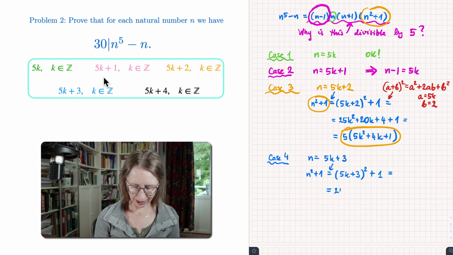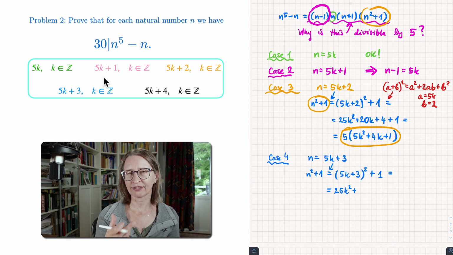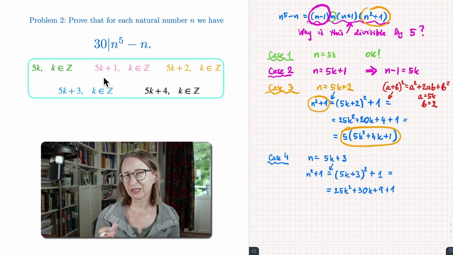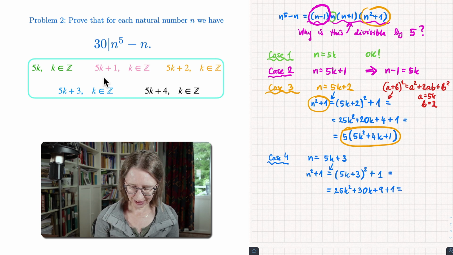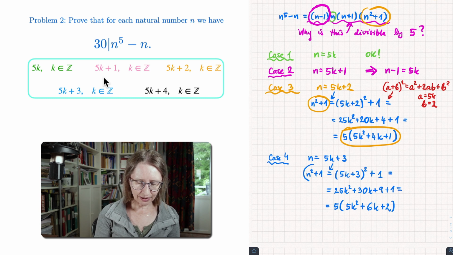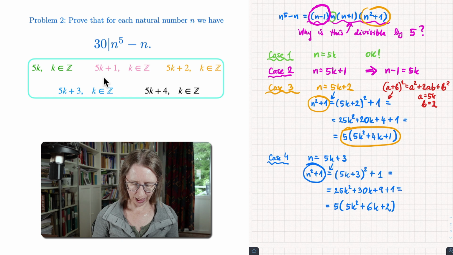So we get here 25k squared plus 5 times 3 is 15 times 2 is 30k plus 9 plus 1. And here we see 9 plus 1 is 10, so we see again that it will be nice. It will be 5 times 5k squared plus 6k plus 2, since 10 is 5 times 2. So we see that in this fourth case, n squared plus 1 is divisible by 5.